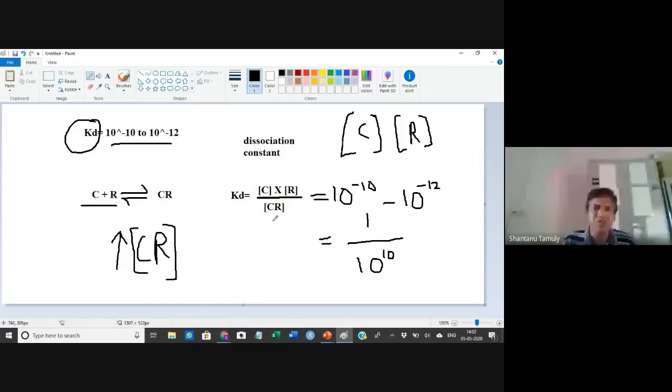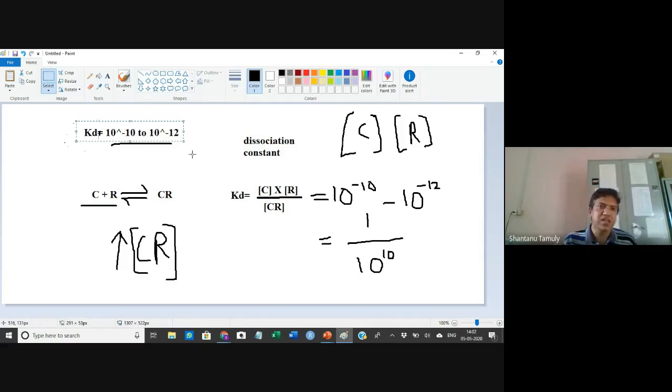So cytokines, their KD value ranges from 10 power minus 10 to 10 power minus 12.